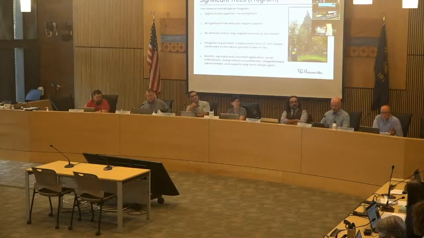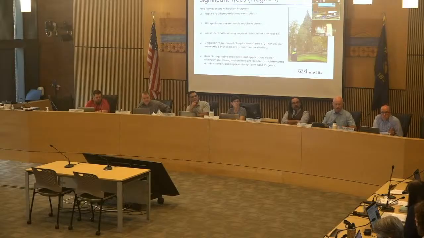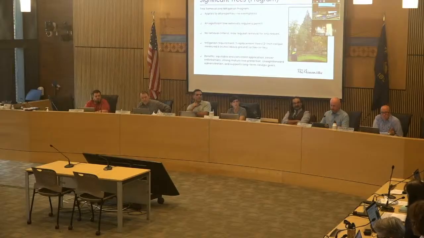So now you don't need to get an arborist to cut down a significant tree. The permit process is just you're coming in, letting us know and showing us that you're planting 3 trees that are 2 inches in caliper somewhere else on your property. Because what the Planning Commission discussion was, if you're cutting down a tree that's 36 inches in diameter, that's a significant expense for somebody. So they've gone through some thought process as to why they're doing that and have a reason for it.